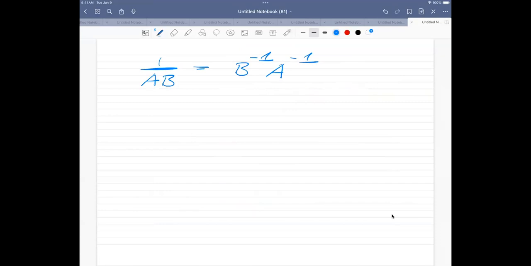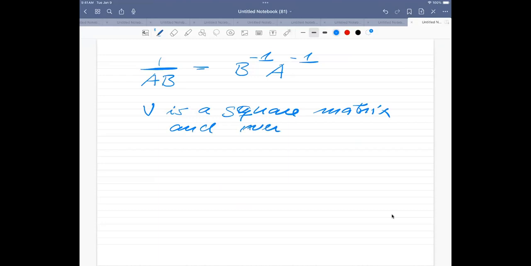Now, what we know is that V is a square matrix. It's also invertible because it is composed of orthogonal vectors. So it's a square matrix and invertible. The matrix D transpose D is also a square matrix and it's diagonal.